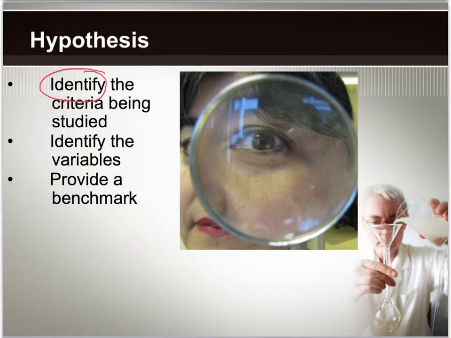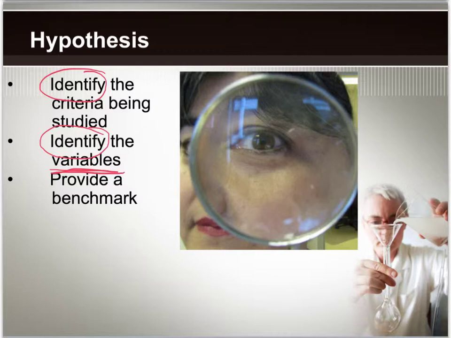For a good experiment to work, that needs to be really as narrow as possible so that the information can be targeted. Once they've worked out what they are going to study, they need to then identify the variables against which they're going to be comparing everything.